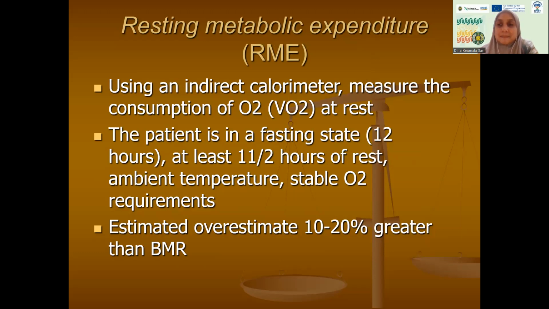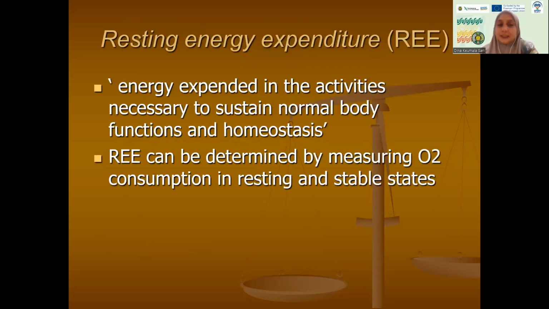But there is some limitation in using the indirect calorimeter: it overestimates, about 10 to 20% greater than BMR. Resting energy expenditure means the energy expended in the activities necessary to sustain normal body function and homeostasis. REE can be determined by measuring oxygen consumption in resting and stable states.